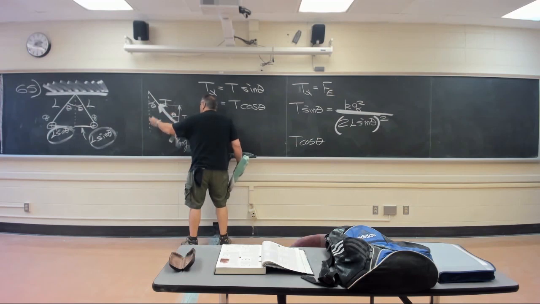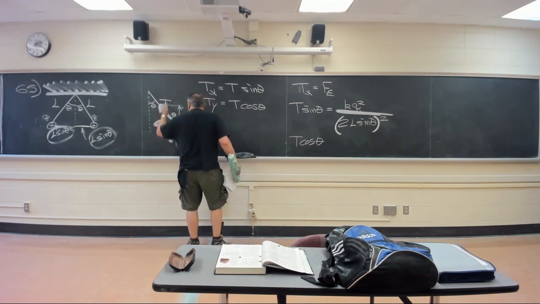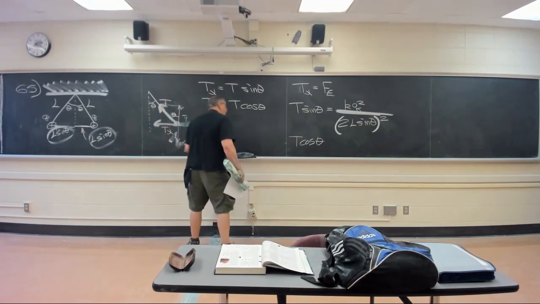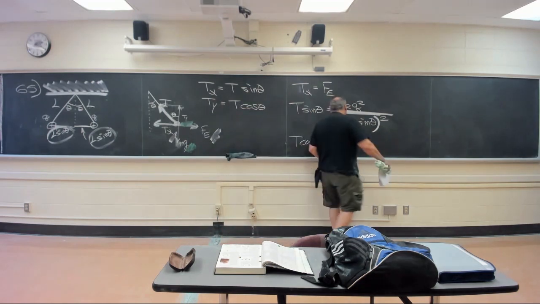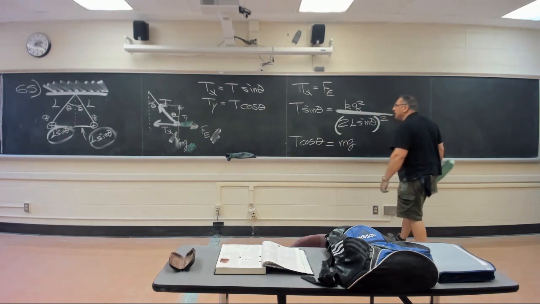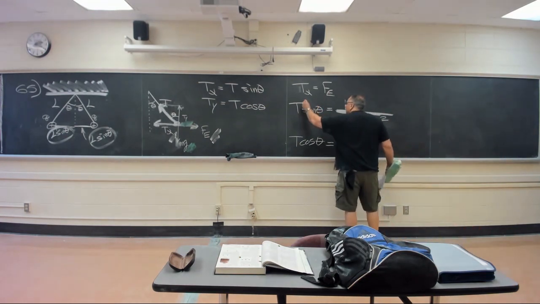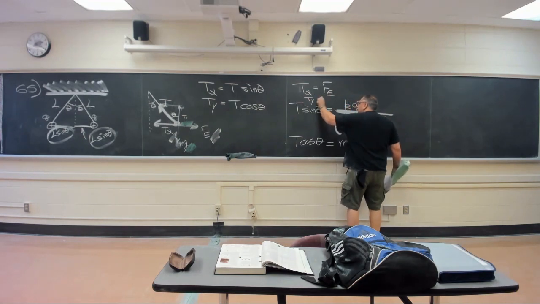So T sine theta will give you the Tx, and T cosine theta will give you the Ty. So the Tx is T sine theta. The Ty is T cosine theta. And the Ty, T cosine theta, is equal and opposite to mg. Simple as that. The Ty was the mg.